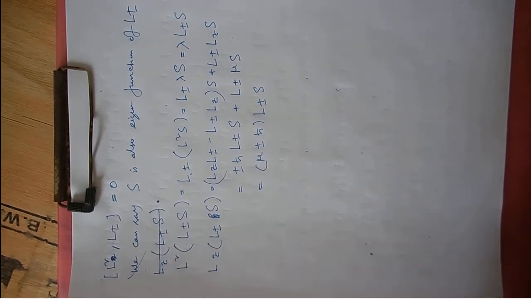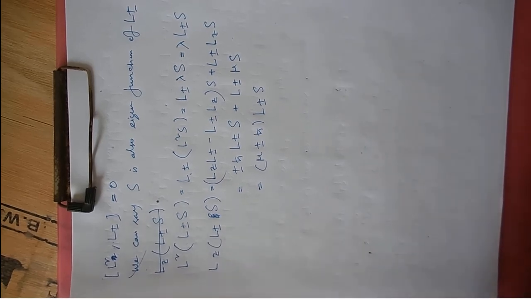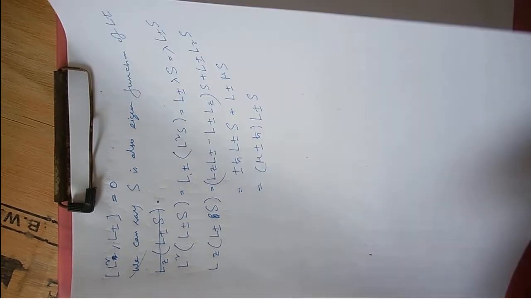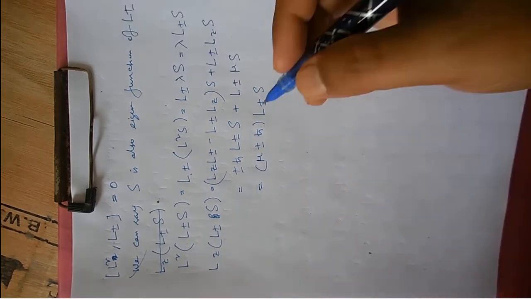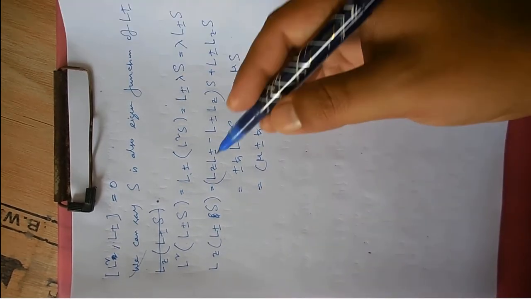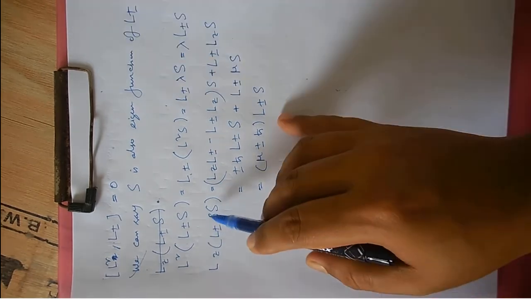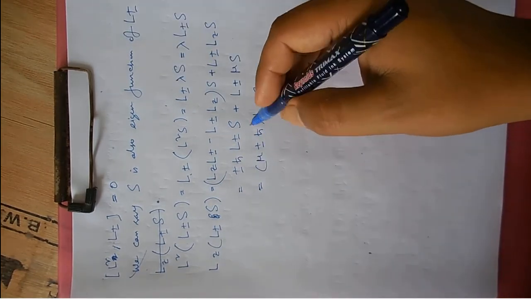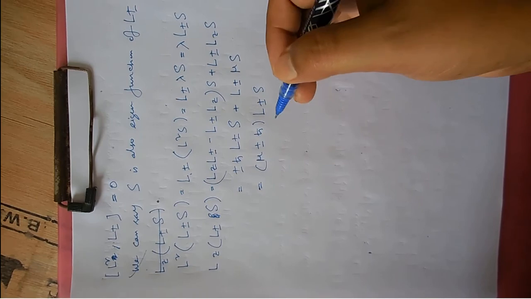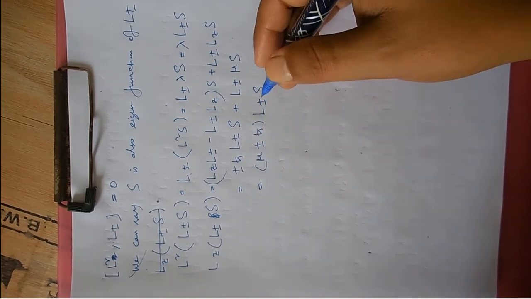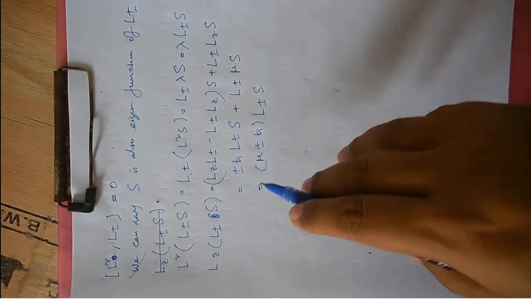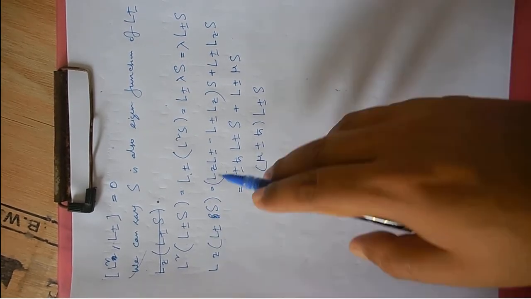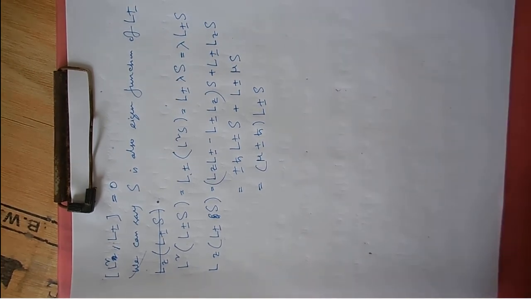There, on operating a plus on an eigenfunction, we got this type of eigenvalue, raising or lowering the eigenfunction with an increasing or decreasing eigenvalue. That's why they are called raising and lowering operators. L plus is the raising operator and L minus is the lowering operator.